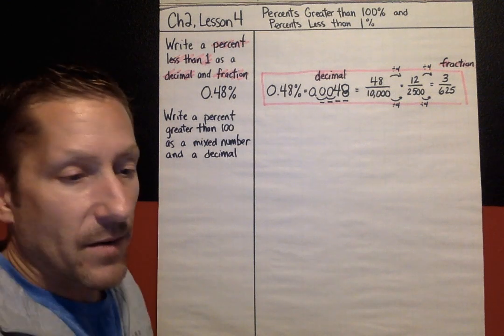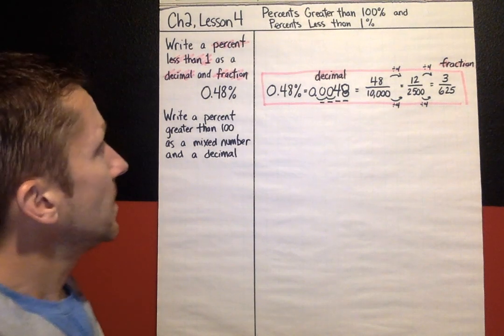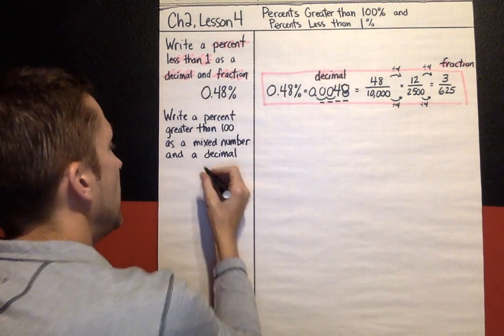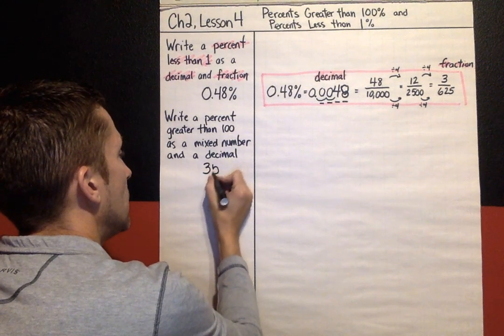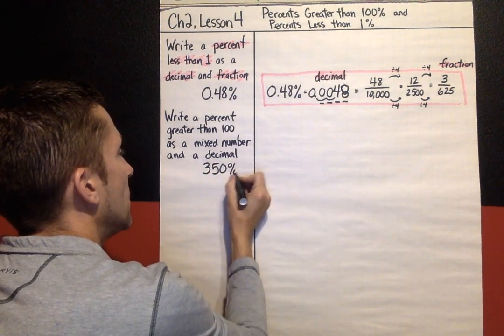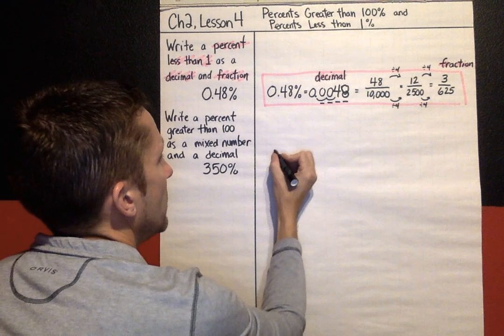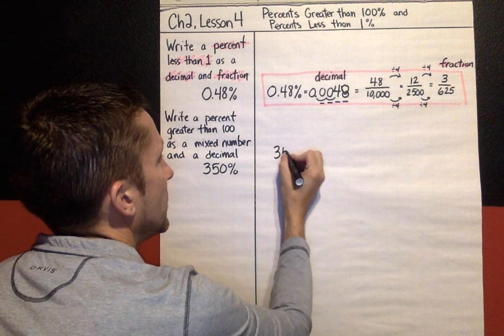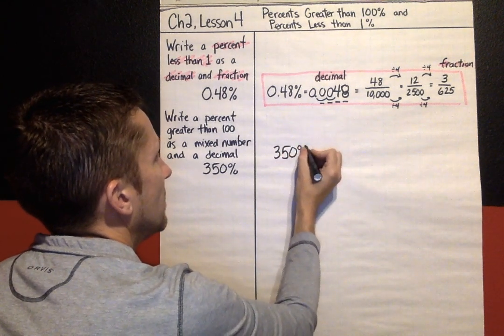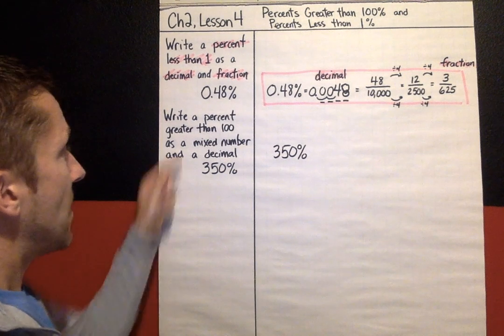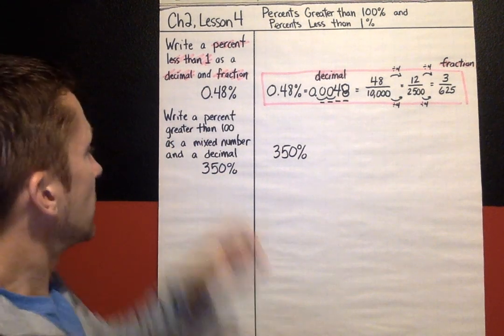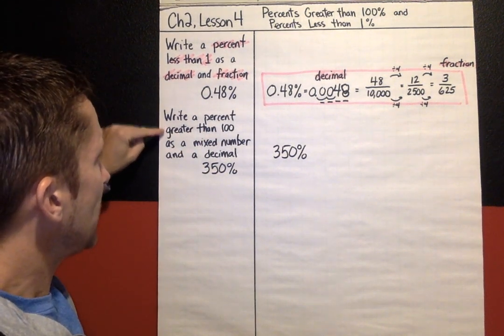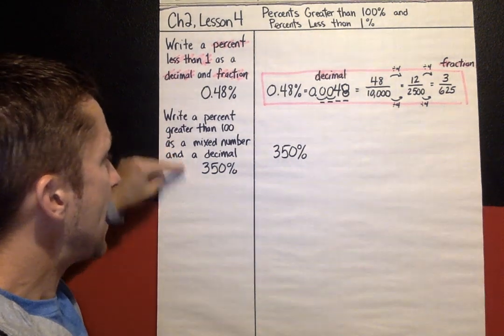And the problem that we're going to do for this one is 350%. So over here, I'm going to start with 350%. And my goal is to change that into a mixed number and a decimal.